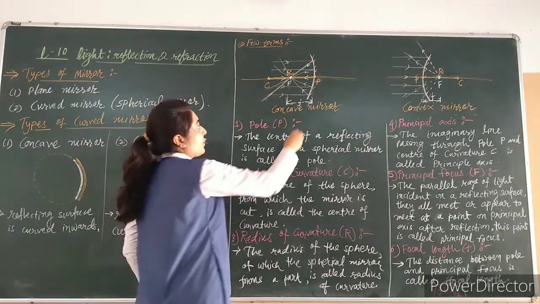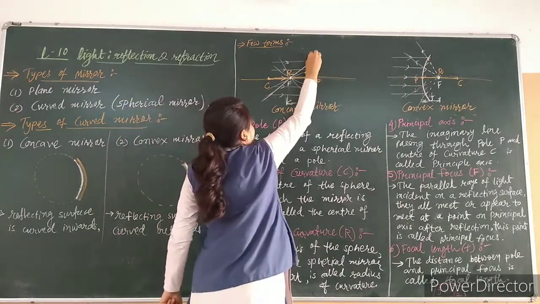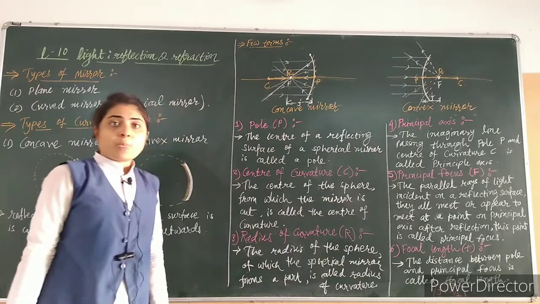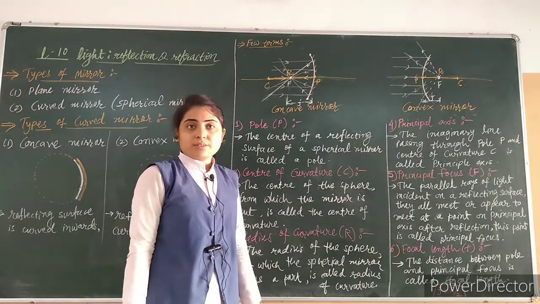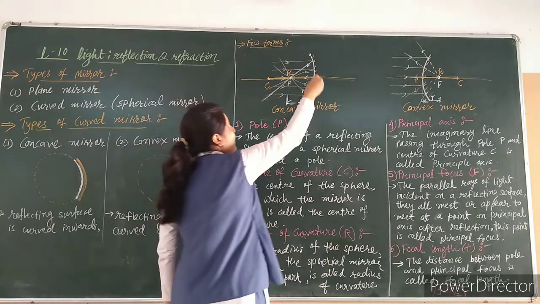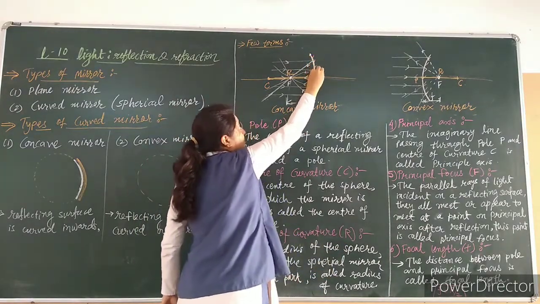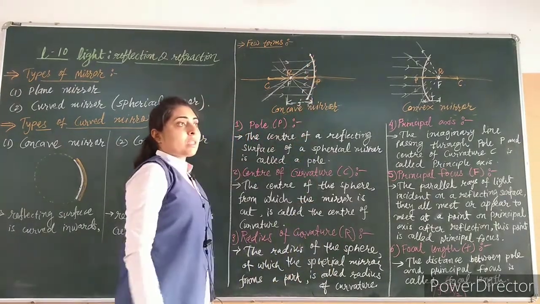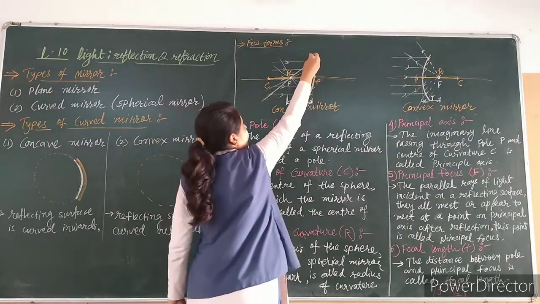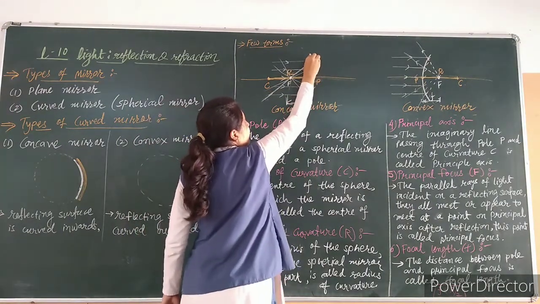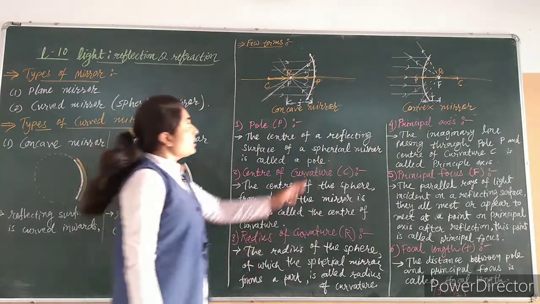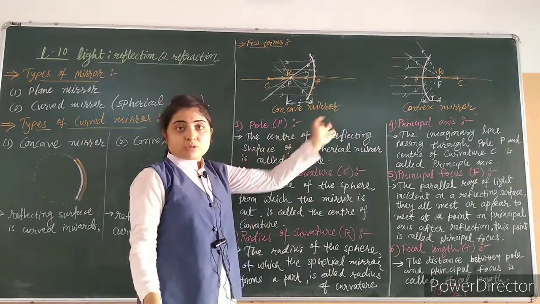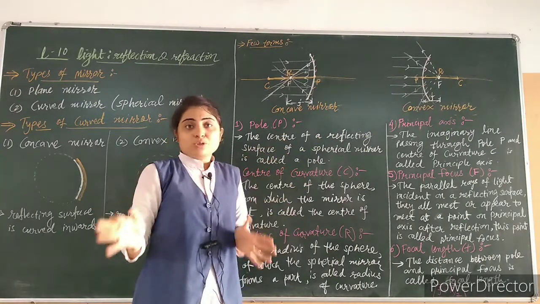One important thing is that any curved mirror has some end points. This and this is the outline of a mirror. So the diameter of this extreme point, it's not a complete sphere, so it is not the actual diameter.